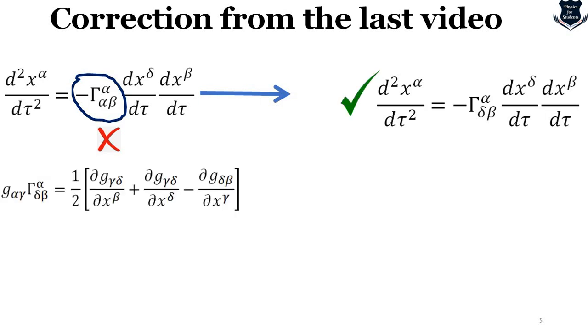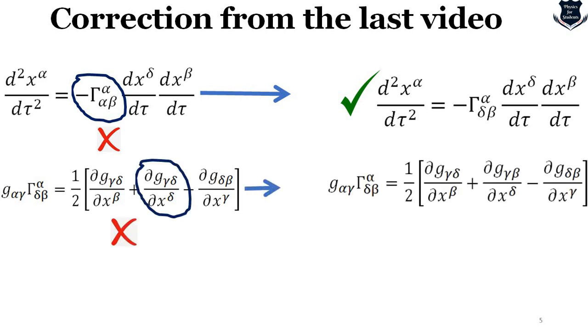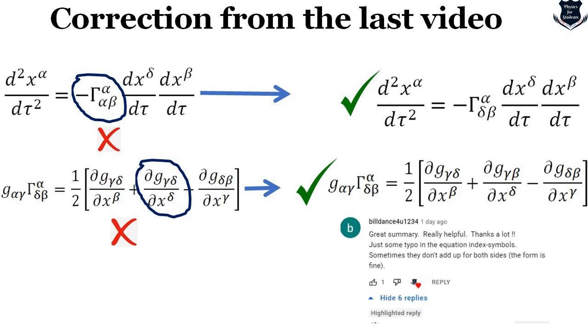This is the correct one, and in the second term this is wrong and it should be this one. So this is the right one, and this was noted by one of my important subscribers, Bill Dance. Thank you very much, Bill, for keeping this as a note. I have corrected it and I'm greatly thankful for pointing out this mistake.